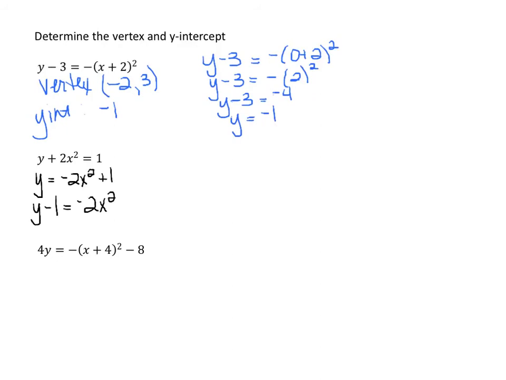And from this point I'm pretty much done. Y minus 1 is equal to -2 times x plus 0 squared. So my vertex is 0, 1. To find the y-intercept, I have to plug in 0 for x.